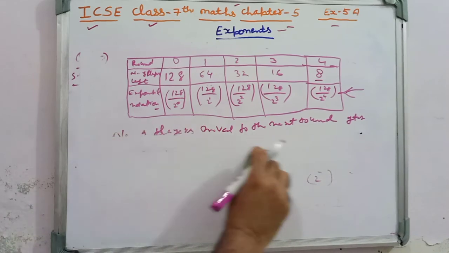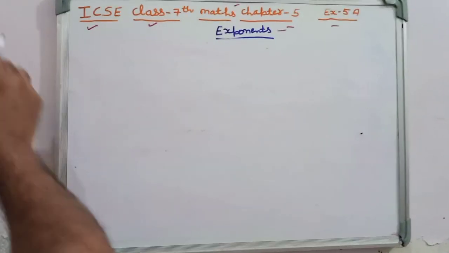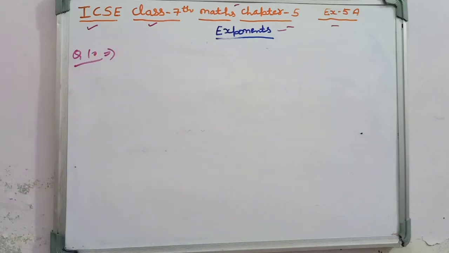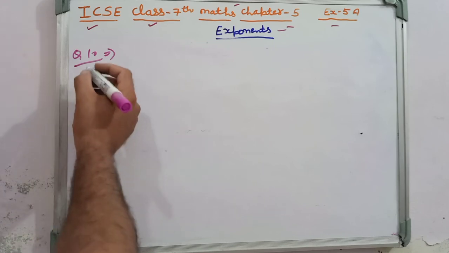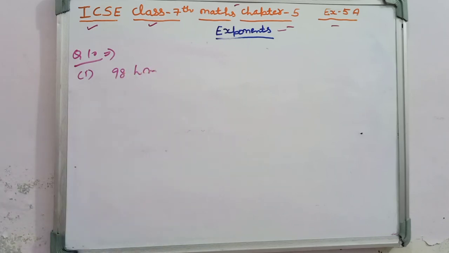Now, question number 10. Question number 10 is: express the following in centimeters in exponential notation. So the first part is 98 hectometer. H meter means hectometers. So now we have to express them in centimeter.